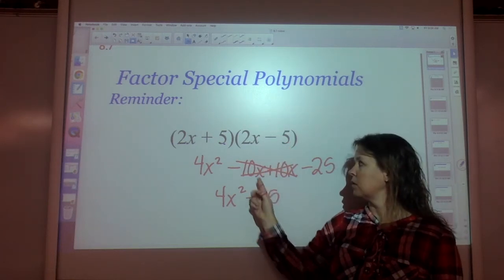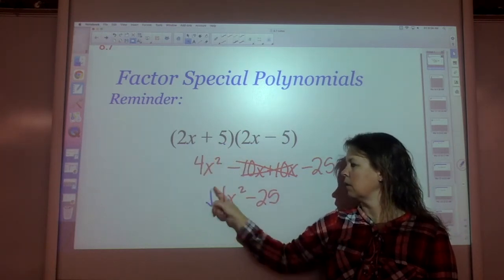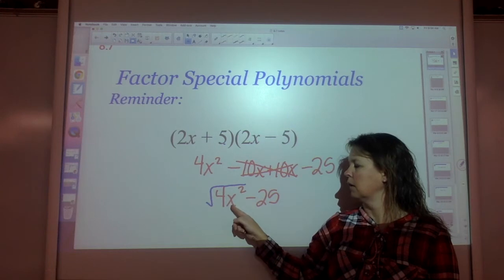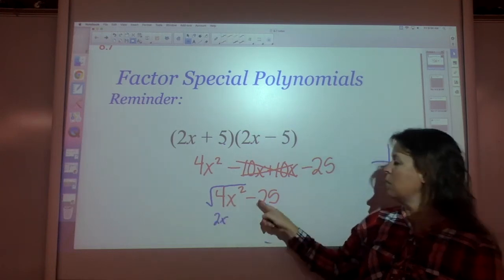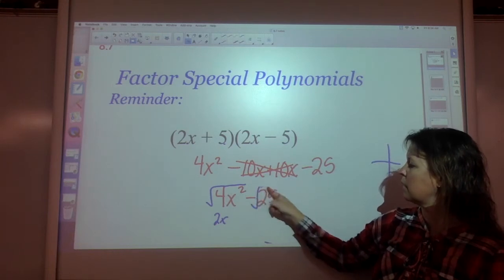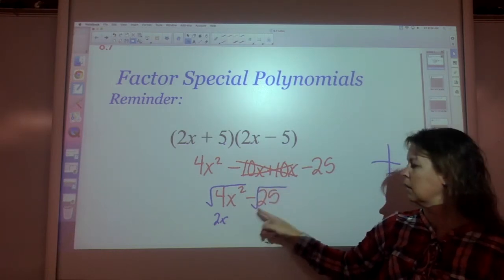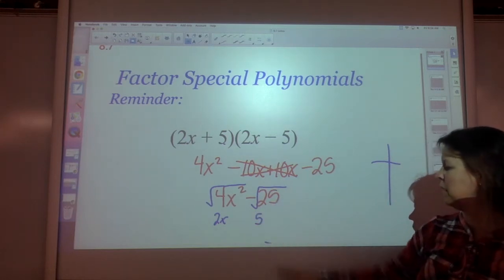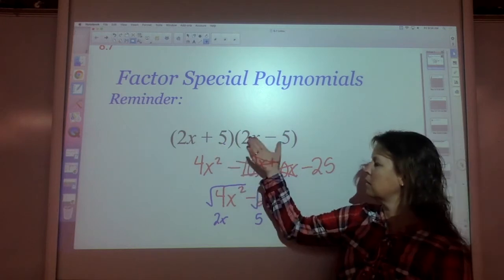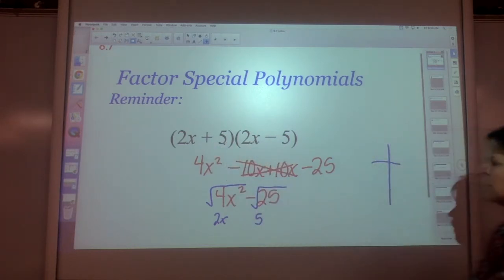So if we can find the square root of this number, 4x squared, what number times itself? 2x. When we square root this number, you have to sneak it in there and not try to take the square root of a negative. We know that's not real. The square root of 25 is 5. And then what we have to learn from here is how do we make it into two factors? Make one of the terms plus 5, make one of the terms minus 5.